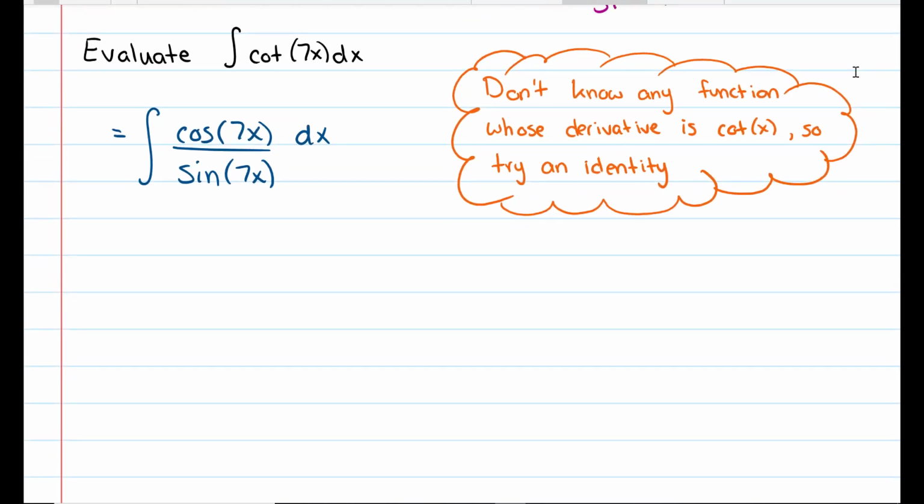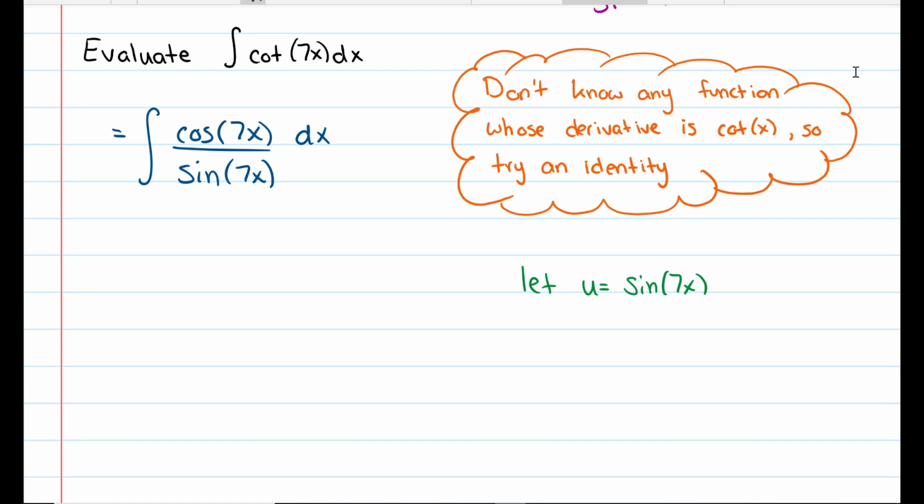So now the problem is that we need to use a u sub because this is way too complicated. So I'm going to let u equal sine of 7x. I'm doing this because I noticed that I have the derivative, which is cosine, up in that numerator.